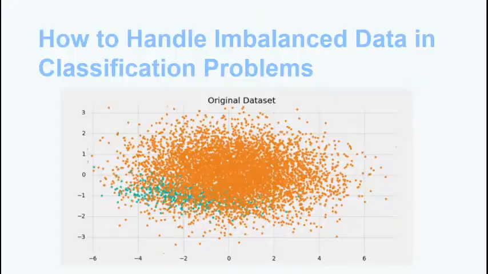We need to predict whether the user is a fraud user or not. If you take such a dataset, it is in an imbalanced form, with more data about non-fraud users only.